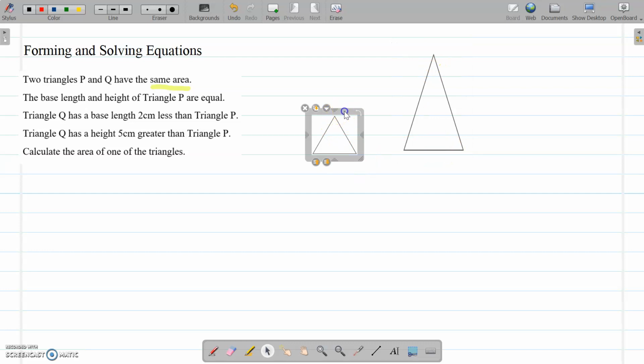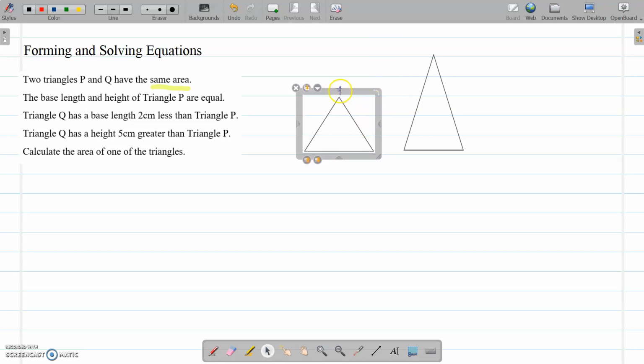This one needs to be adjusted a little bit. Let's make this wider this way. So it's got a longer base, but a shorter height.